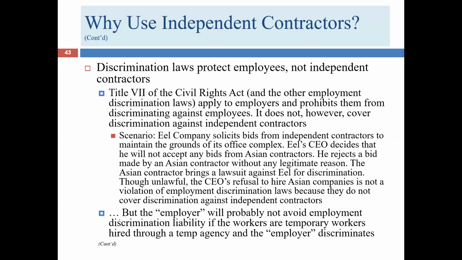Well, that would be unlawful because under the Age Discrimination in Employment Act, an employer can't discriminate against people who are over the age of 40. And so all the potential applicants who are 40 or older would have a claim of discrimination against the amusement park. Now you might say, but the amusement park isn't the actual hirer or employer of these workers.